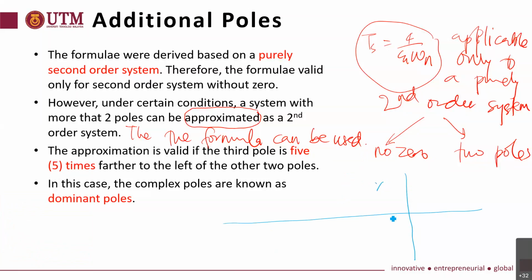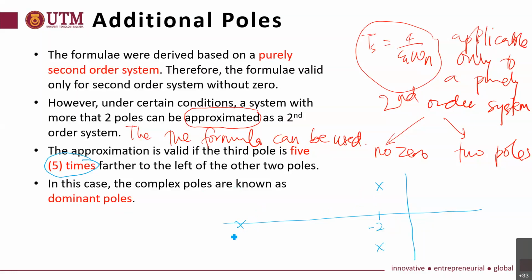Let's say I have 2 poles here at minus 2, and another pole here. So this is a third order system. This system can be approximated if the third pole is 5 times farther to the left, 5 times from the poles.